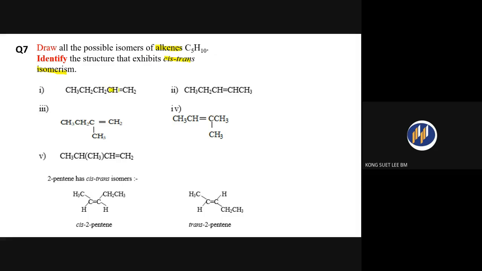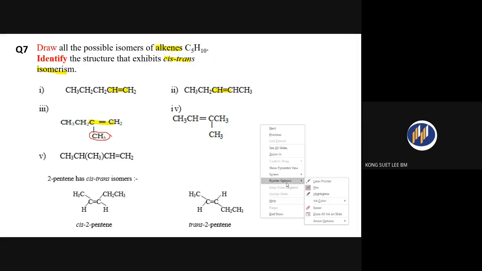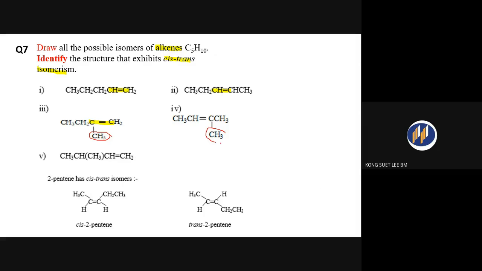Students most probably will draw the first carbon chain C5H10 like this, and then change the position of the double bond to C2. After that, remain at C1, but there is a branch. And the second one is, there is a branch as well, but the carbon-carbon double bond moves to C2.